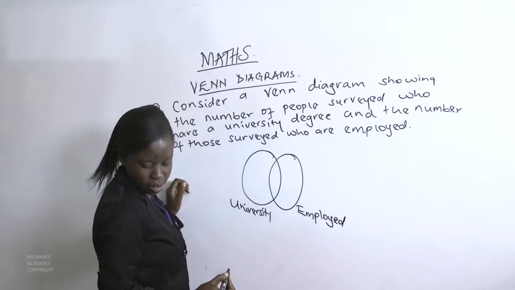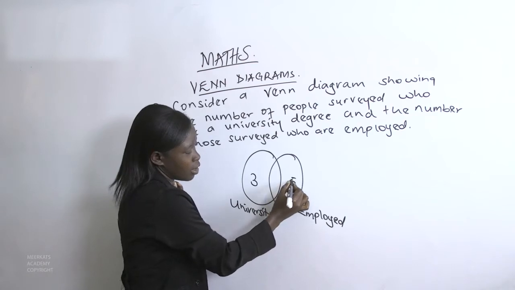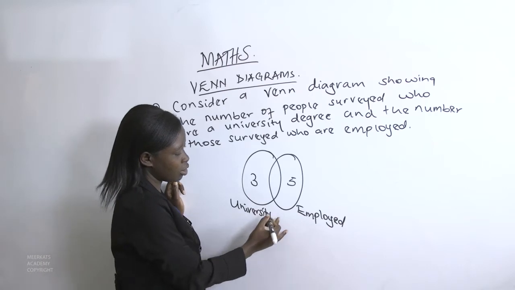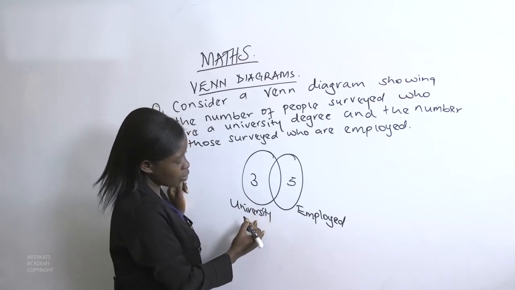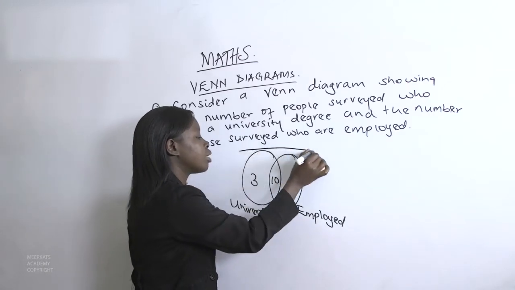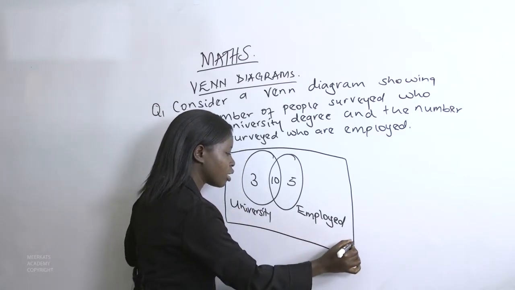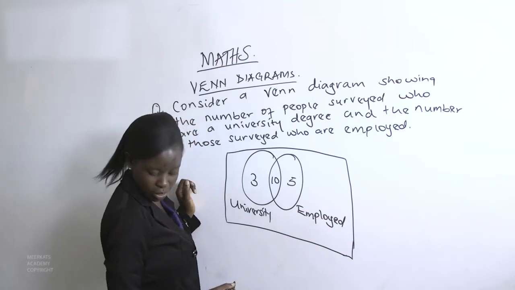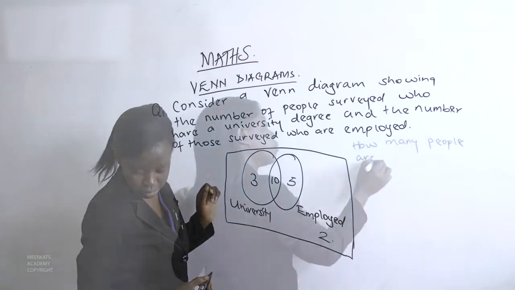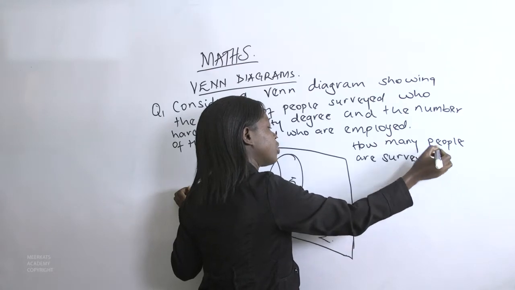We find that 3 have a university degree, 5 are employed, and those who have both a university degree and are employed number 10. Then those who do not belong to either category, they do not have a university degree and are not employed, number 2. So the question is, how many people are in the survey?